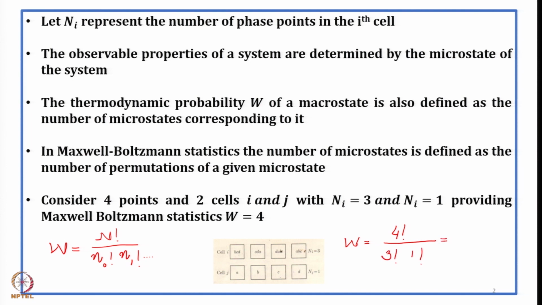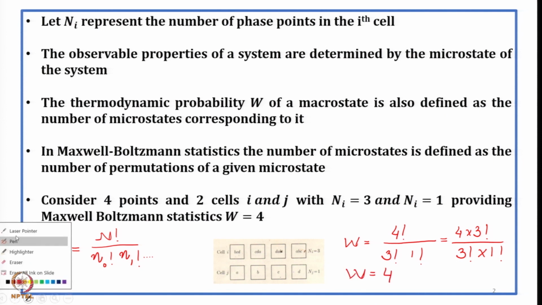This is equal to 4 into 3 factorial over 3 factorial into 1 factorial. So that means W is equal to 4. In this kind of arrangement, the thermodynamic probability of the macrostate according to Maxwell-Boltzmann statistics gives W equal to 4. This we have discussed earlier.